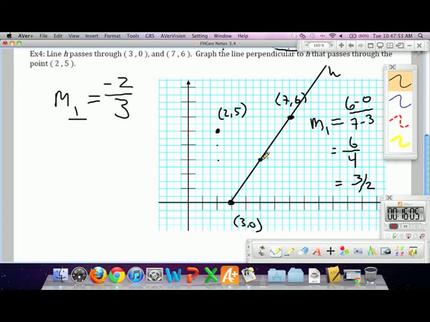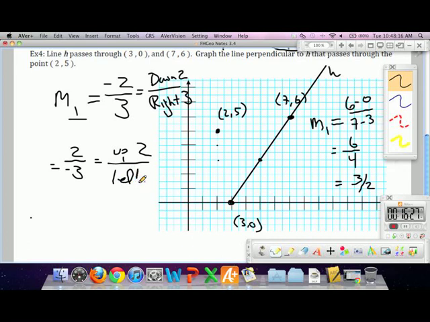This first thing is saying go down 2, right 3. What's this tell us to do? Left. Same. Does that give us the same line? Yeah. Up 2, left 3. Yep, you're absolutely right. Oh look, that gives you all the same line. And that line also happens to be perpendicular. Beautiful.